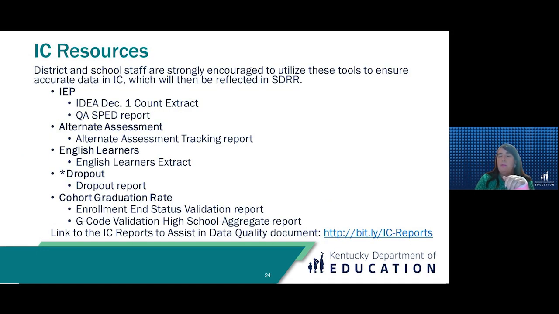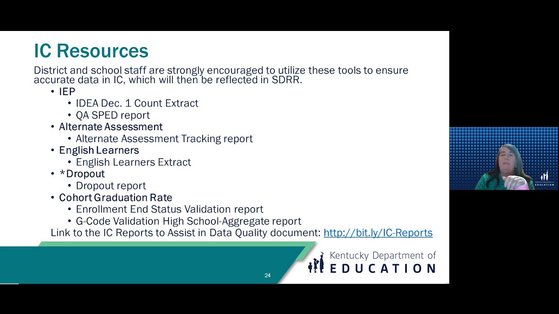Now, we have some important IC resources that help you make sure everything is correct in Infinite Campus with all of this data prior to it happening. If you run some of these extract reports, they'll help you with IEPs and your alternate assessment. Make sure your alternate assessment students are pulling over correctly, and that your English learners are pulling over correctly.